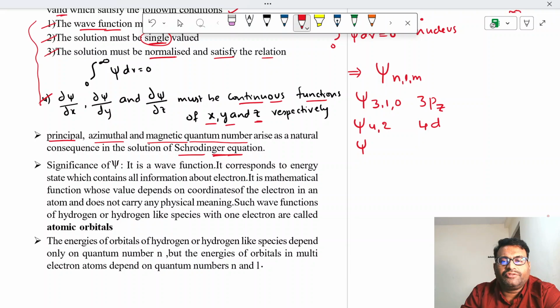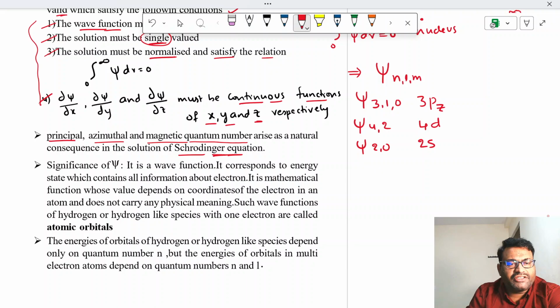Psi 2, 0: 2, and for which orbital is the l value 0? s orbital. So 2s. In this way, three quantum numbers are derived from the solutions of the Schrodinger wave equation. They are the principal, azimuthal and magnetic quantum numbers. The spin quantum number is not derived from the Schrodinger wave equation.